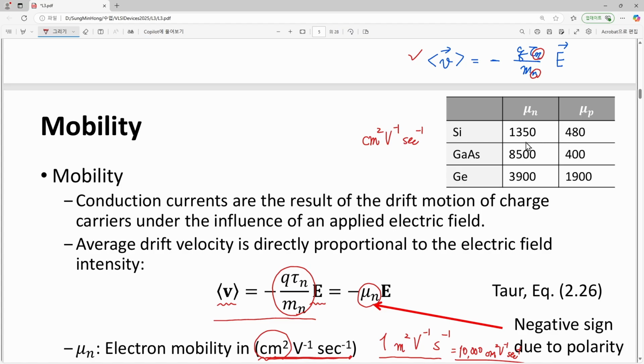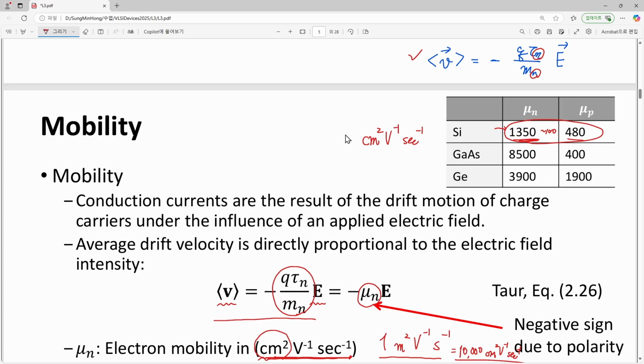But please note that these values are actually extremely high, which is not achievable in our actual devices. If we have quite pure, high quality silicon without any impurity in it, then we can expect this kind of high value. So the actual value should be regarded as just about 100, or even lower.